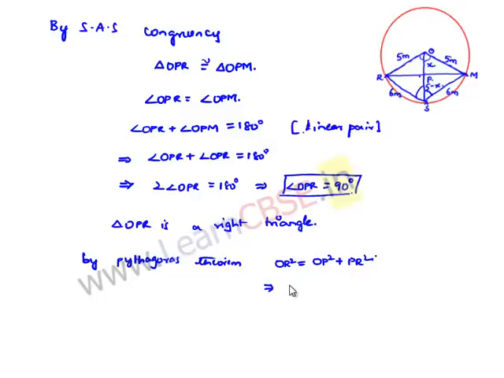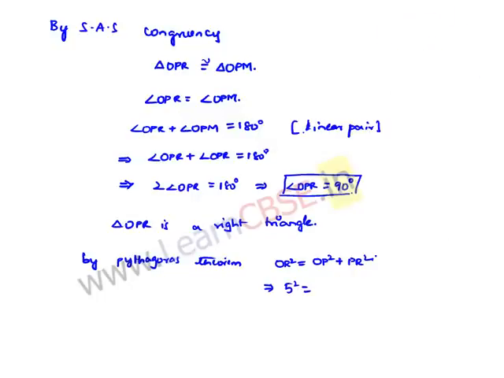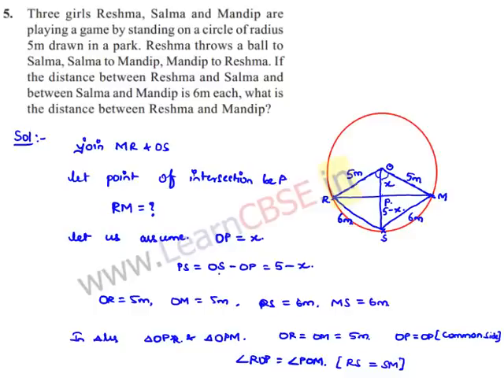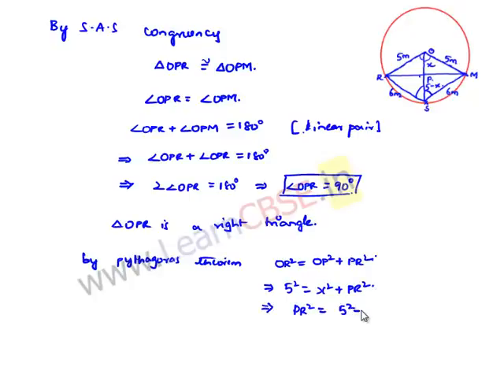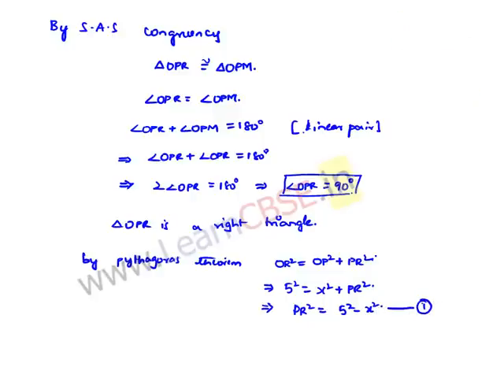That implies OR is 5, so 5 square is equal to OP square, here X square, plus PR square. That implies PR square is equal to 5 square minus X square. Let it be equation number 1.